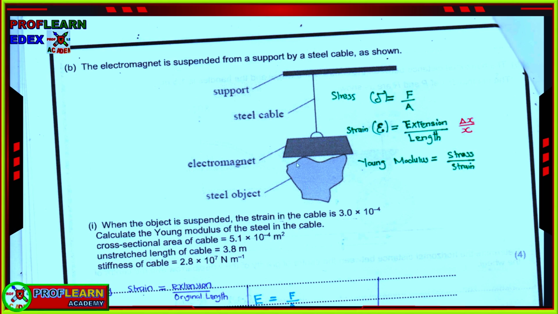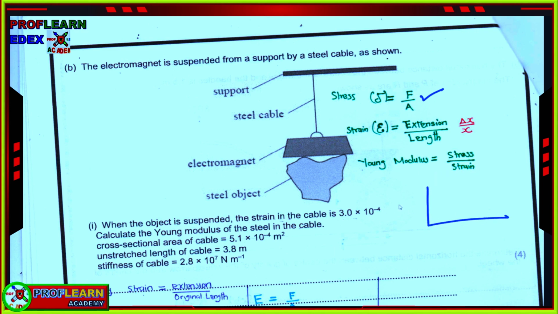An electromagnet is suspended from a support by a steel cable, as shown there, and that is materials. Remember, stress is equal to force over cross-sectional area. Strain is equal to extension over the original length, and the Young's modulus is stress over strain.